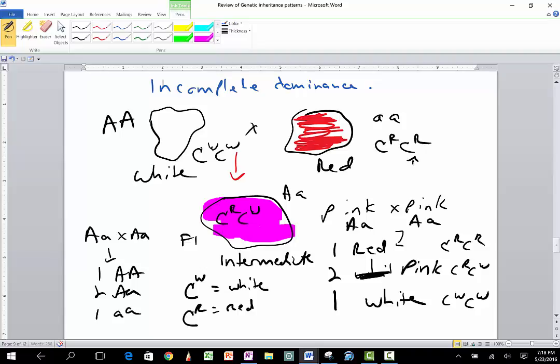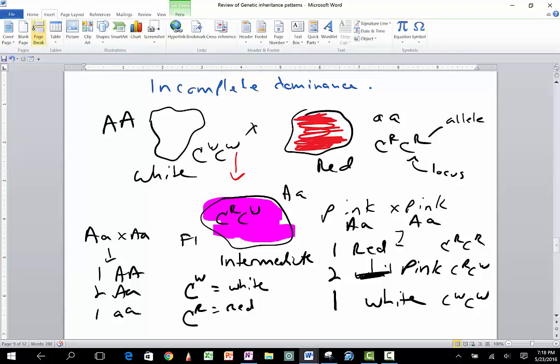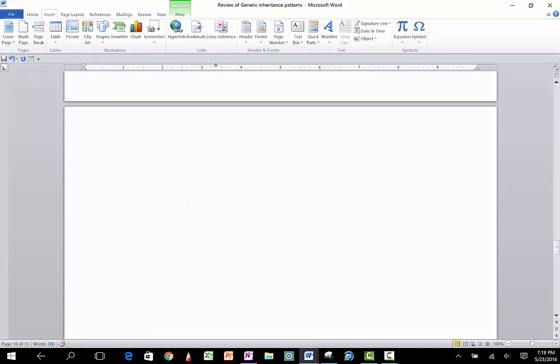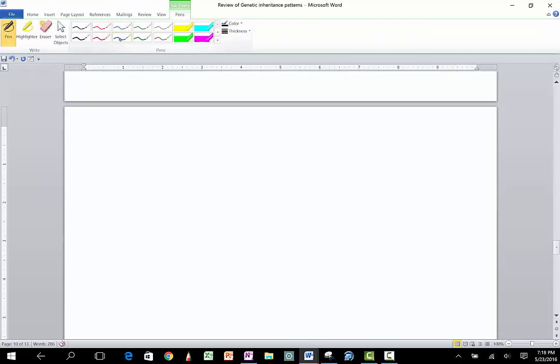We would say that this is the locus, or the gene, and then this is the red version of that gene, or the allele. To relate that to chromosomes, just to go back and relate this to chromosomes one more time: if we have a chromosome, this is the locus.